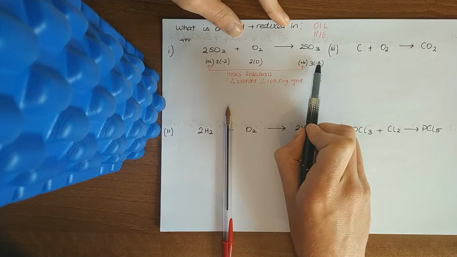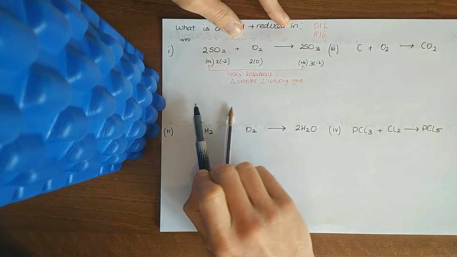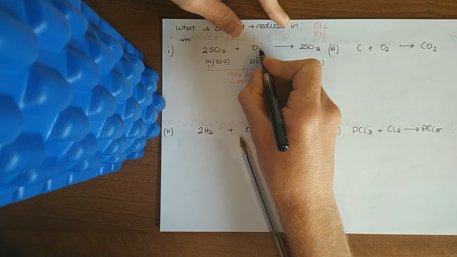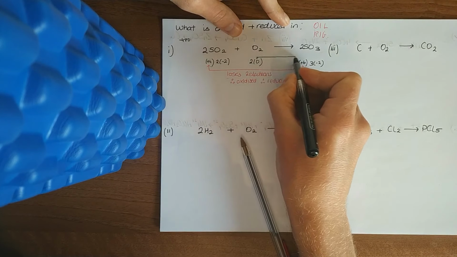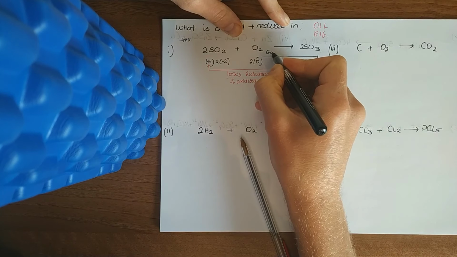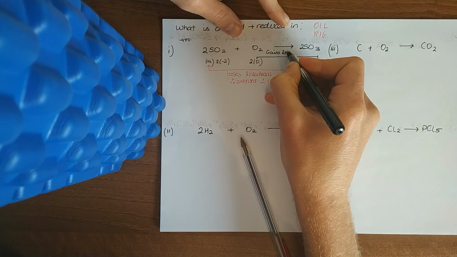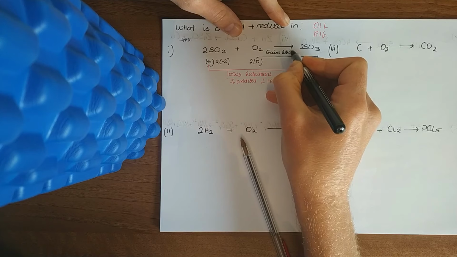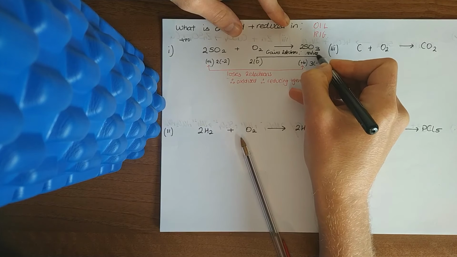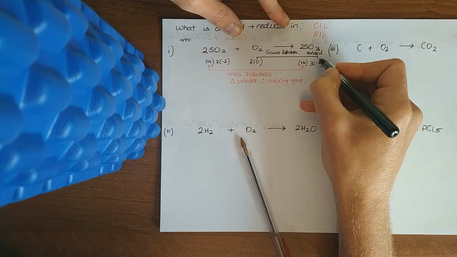Oxygen here, minus 2 to minus 2, there's no change, so don't take that. You're looking at the one up here. Always one on the left hand side of the arrow and one on the right. It goes from 0 to minus 2. How's it done that? Gains 2 electrons. When it gains the electrons, it's reduced. I'll leave a wee bit more space next time.